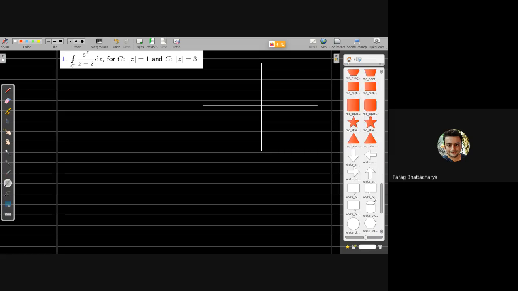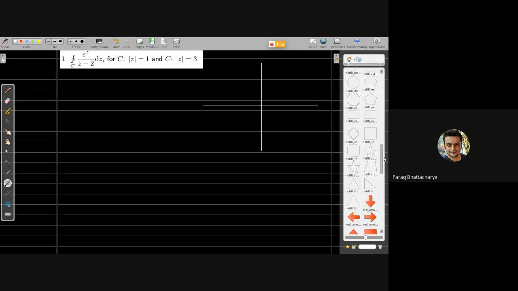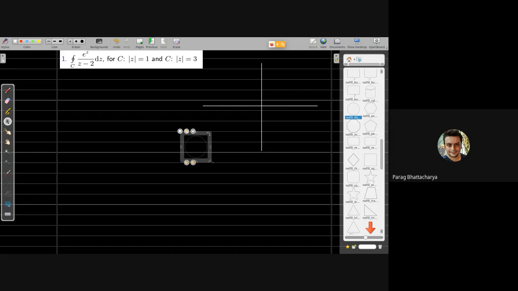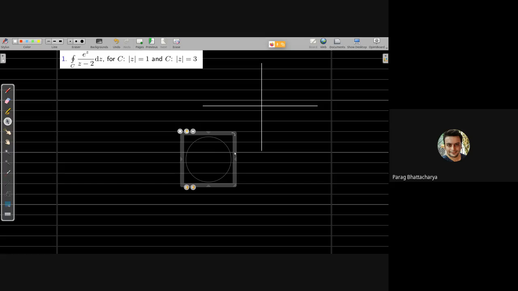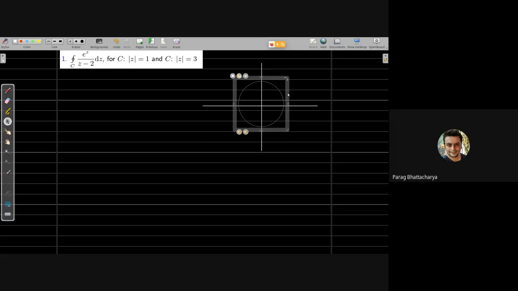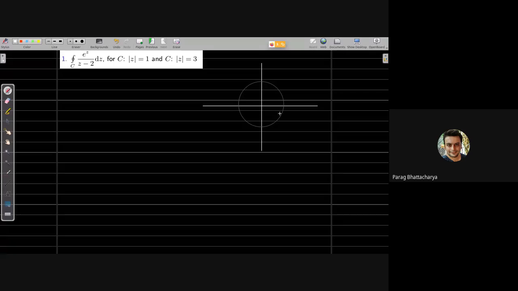So I need a circular path because this is a circular path that we have considered here. Okay, so this is a circular path. So what is C here? This is the path C. So we have to consider two cases.